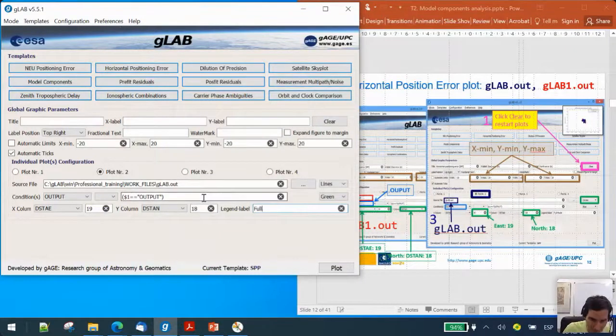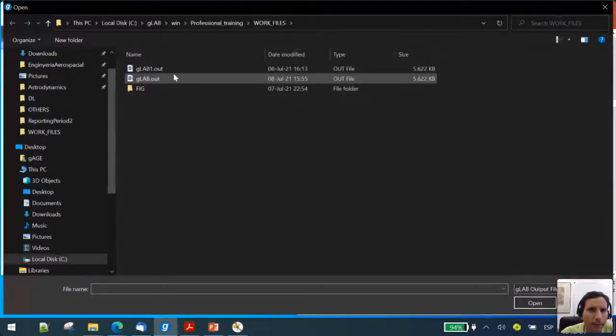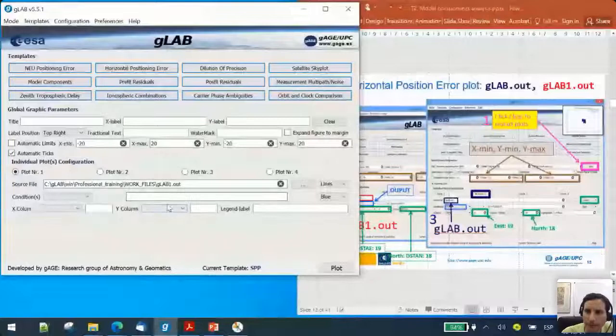So here again, I put full SPP model, and I make some static changes. So something like this, blue circles. And in plot number 1, we do the same, but with the file that is missing the iono correction.